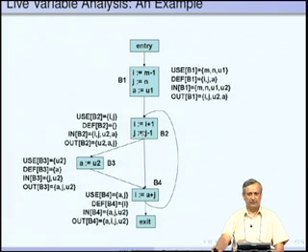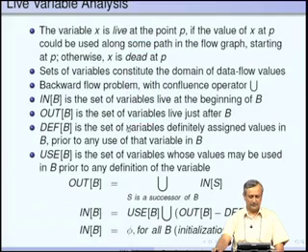The same solution will be obtained irrespective of the order in which basic blocks are traversed. It is just that some orders give the solution very quickly, whereas other orders may not. This is true for both forward analysis problems and also backward analysis problems.